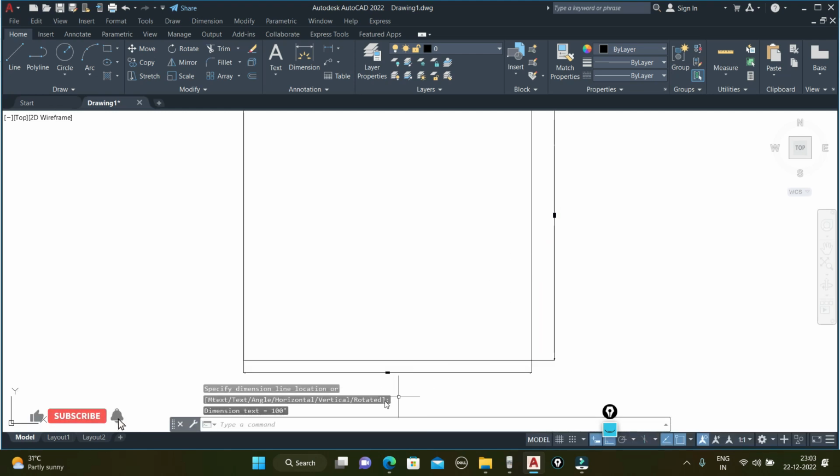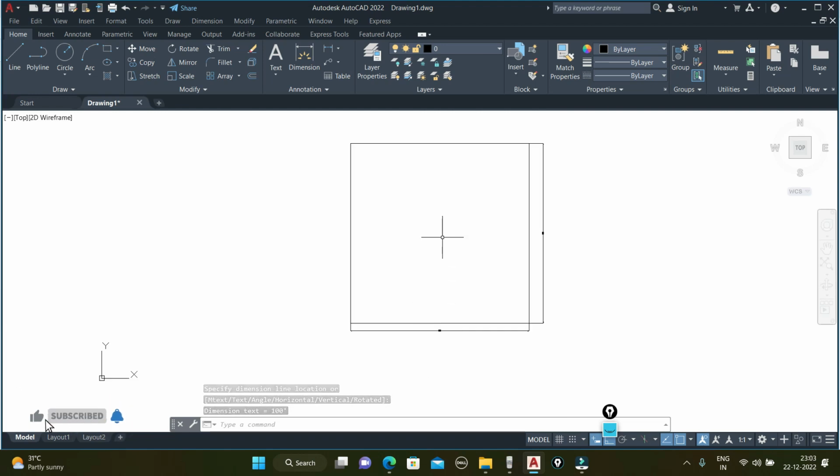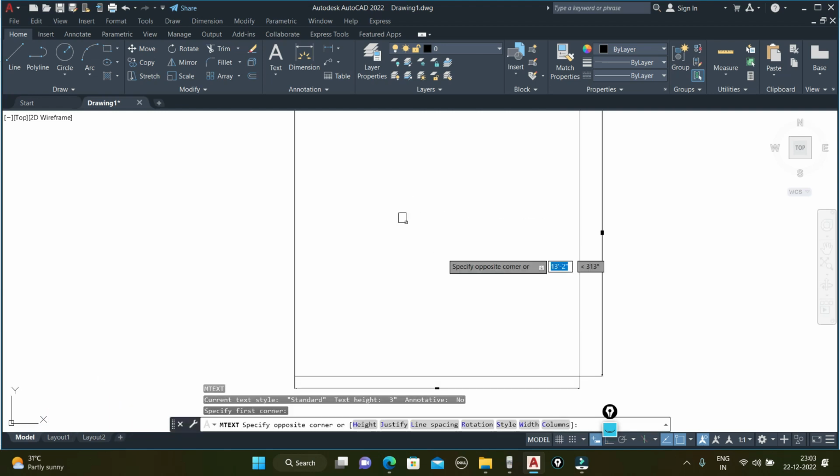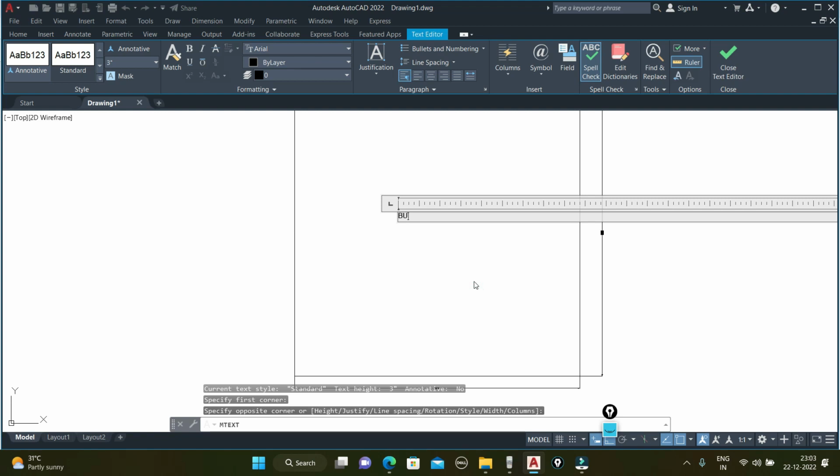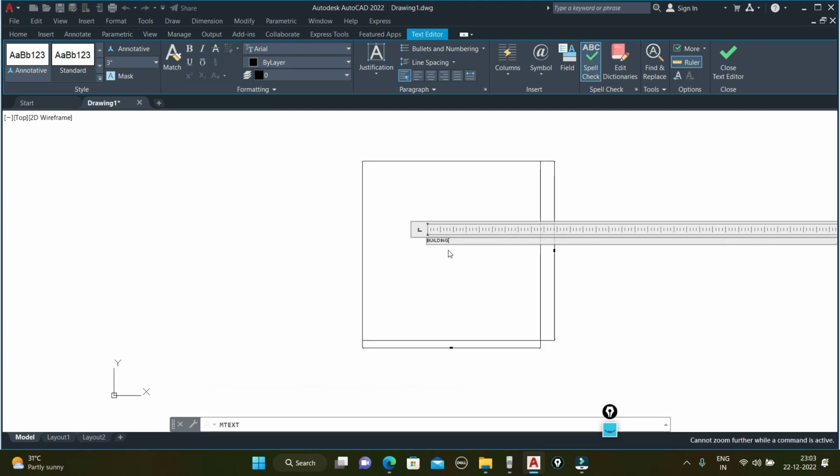This is any building. We have to design a firefighting system.